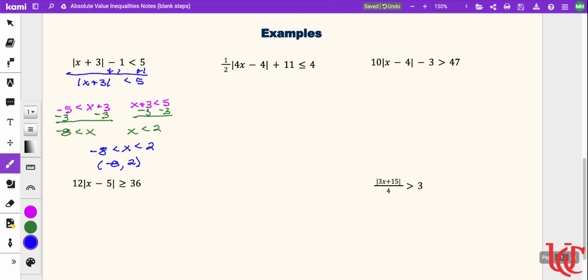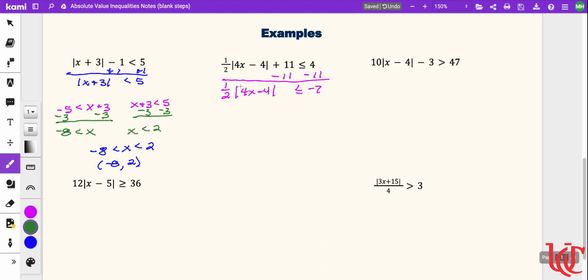Cool. All right, looking at the next one, we are going to get the absolute value by itself yet again. So we're going to subtract 11 from both sides. And this gives me 1/2 times the absolute value of 4x minus 4 is less than or equal to -7. Now, we're going to still get that absolute value completely by itself.